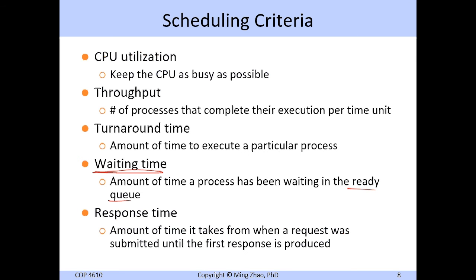If we do not consider the waiting on I/Os or events, then turnaround time equals waiting time plus running time. I'm explaining this because one of the problems that you need to work on as part of the homework assignment of this chapter asks you to compute turnaround time and waiting time. So this is the relation between them.